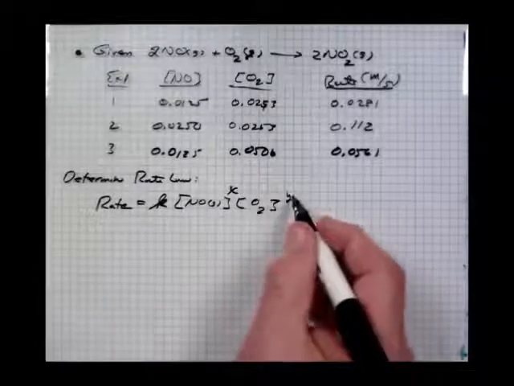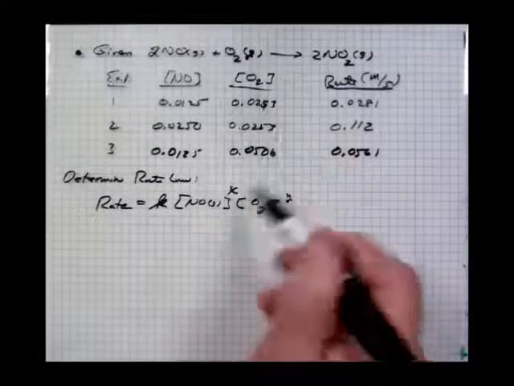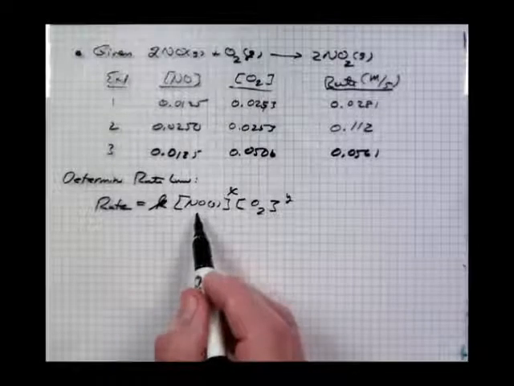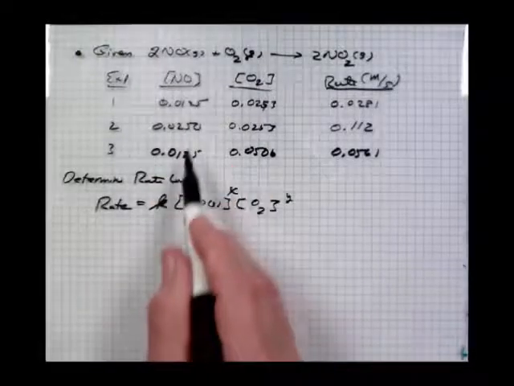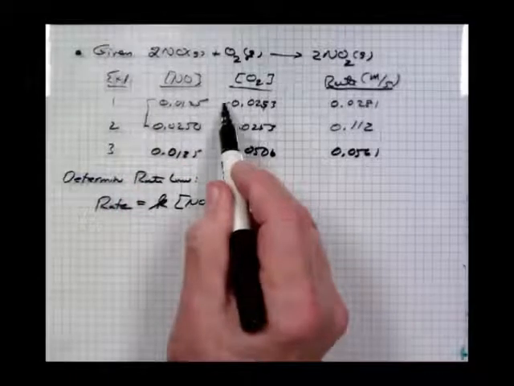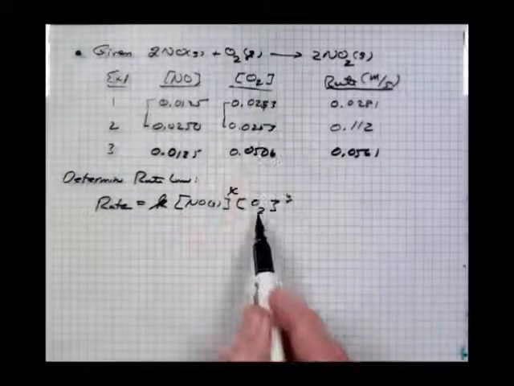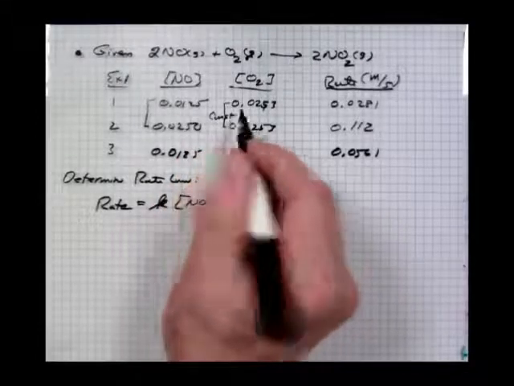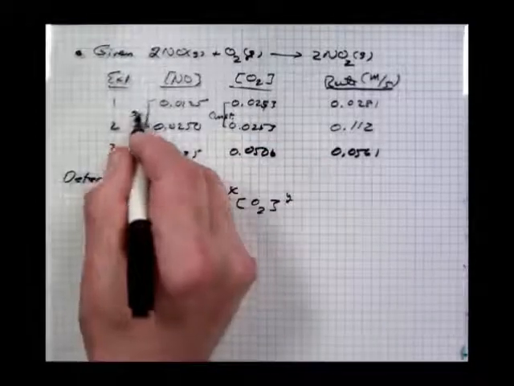The x and the y are values you are to determine from the experimental data. So if we wanted to do NO first, we would change its concentration while holding oxygen constant. So this one is a constant right there, but we double that.